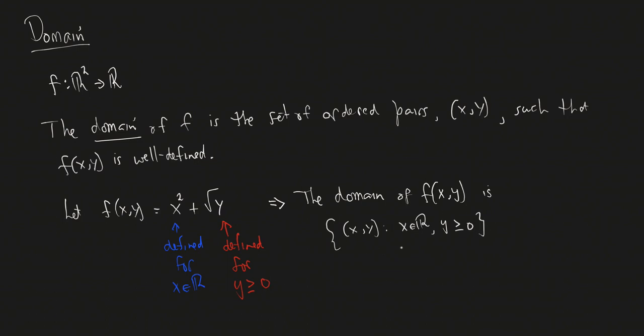You could certainly write it like this. If, however, you see something like this, it's interpreted to be equal. So if you're stating a set of ordered pairs and you only state that y is greater than or equal to 0, then this condition is implied.